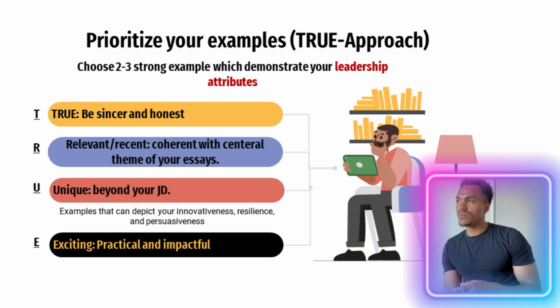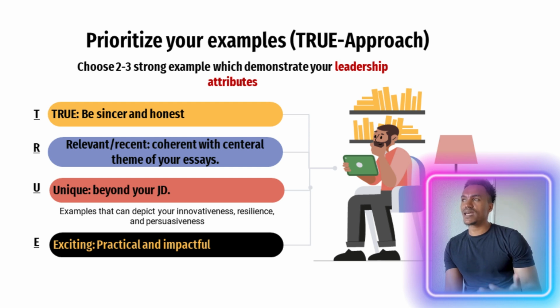The other is that it should be beyond your job description. Don't just take your job description, because that's just what you have to do. As a leader, pick something unique. When we say unique, it is something which shows your leadership attributes like innovativeness, resilience, and persuasiveness. So pick such an example.